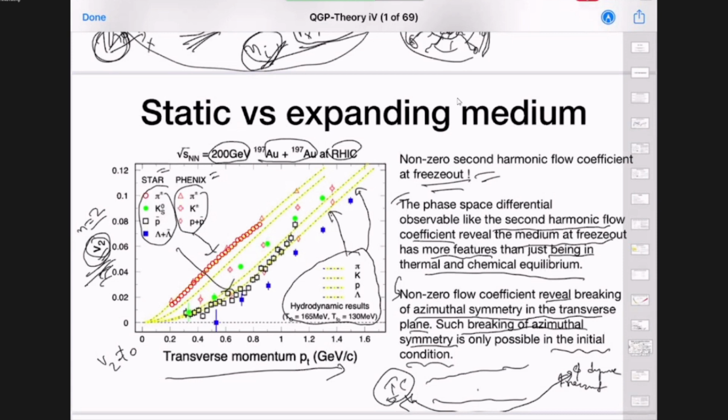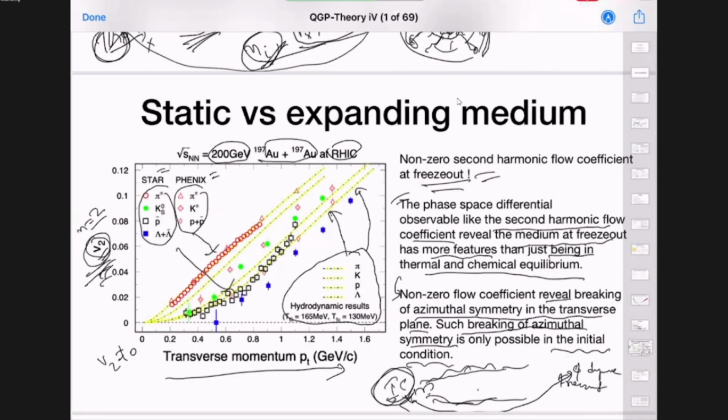Yes, that is possible, right? Of course, that's what equilibration always tries to do, right? It tries to wash out history. So the initial condition is also now a history, and this expansion and the medium response is such that it will always try to wash this out.